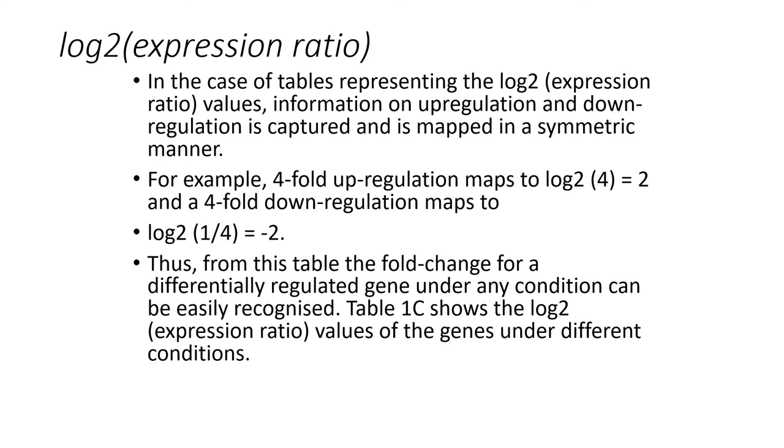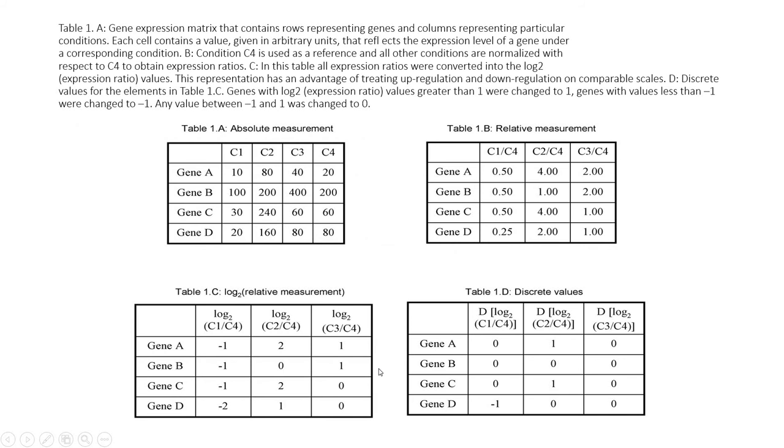Thus, from this table, the fold change for a differentially regulated gene under any condition can be easily recognized. So 1C shows the log 2 expression ratio values of the genes under different conditions. In table 1C, you can see log 2 relative measurement C1 divided by C4, C2.